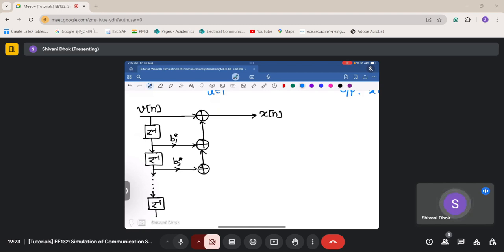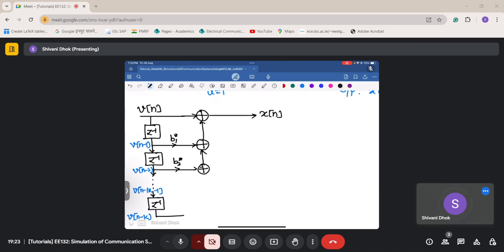So what we have here, we get V of n minus 1. Here we get V of n minus 2. And here we will get V of n minus k, sorry, not m, k.